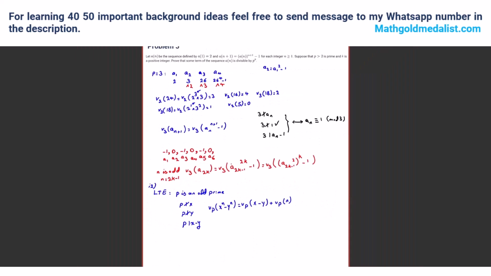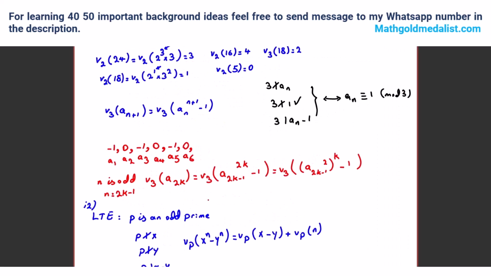So because x squared is 1 mod 3, x minus 1 is a multiple of 3, and this one is a non-multiple of 3, this one is a non-multiple of 3. And we can use what? We can use LTE. So if we use LTE, it would be what? Let's write. We can write it's equal to V3 of a_2k minus 1 squared minus 1 plus V3 of what? k.